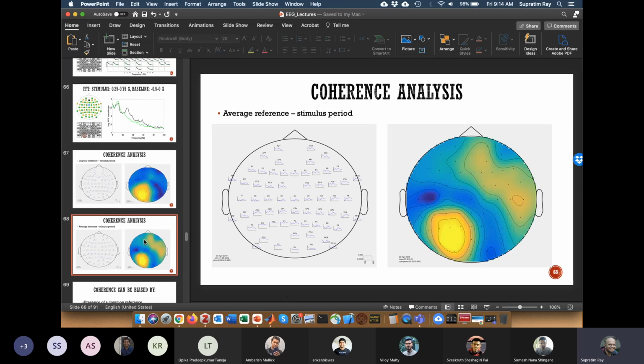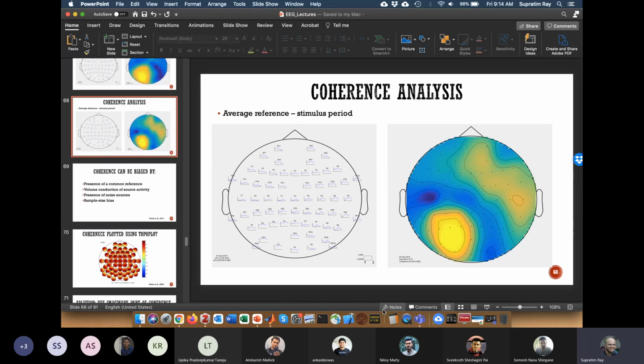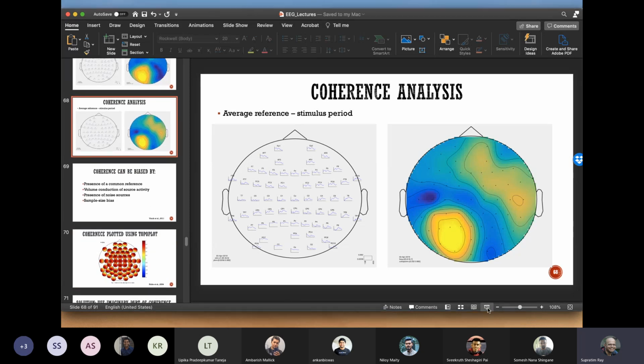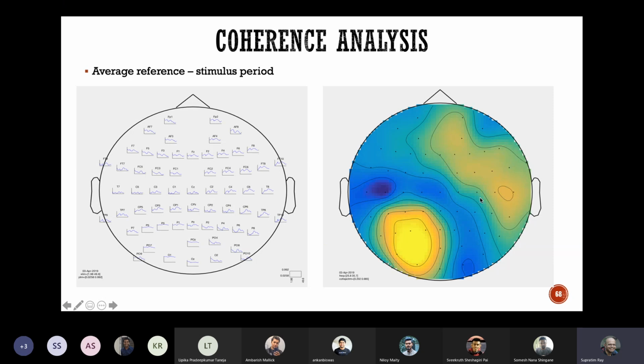So just simply doing a referencing may not be enough, although it does tend to improve and show another region here that has a peak there that shows up in this analysis when you do average referencing.